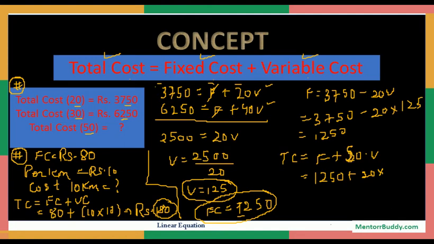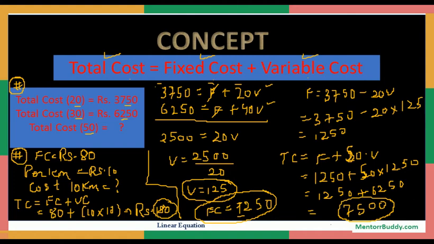So that will be 1250 plus 50 into 125. So that will be equal to 1250 plus 6250. That will be equal to 7500. So the total cost for 50 people will be equal to 7500. So this is the logic of the fixed cost and variable cost which will be working in our coming question.